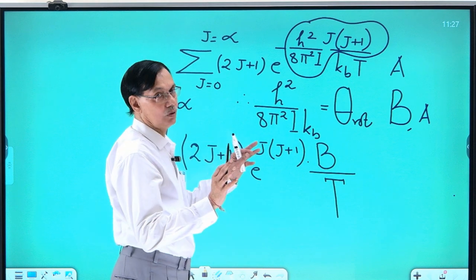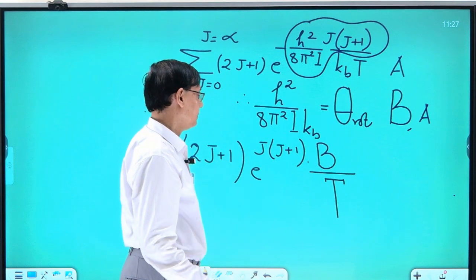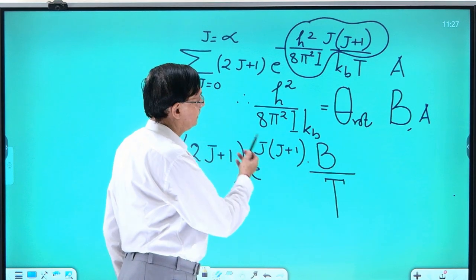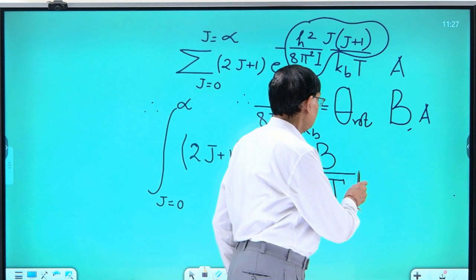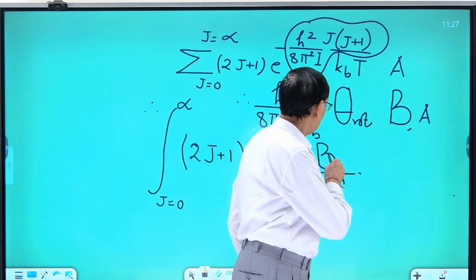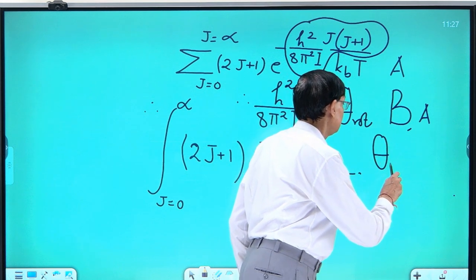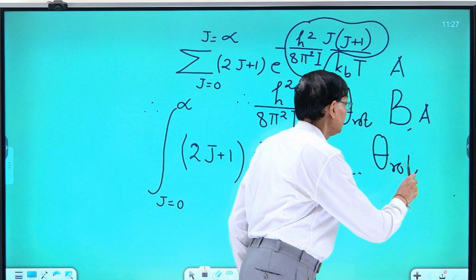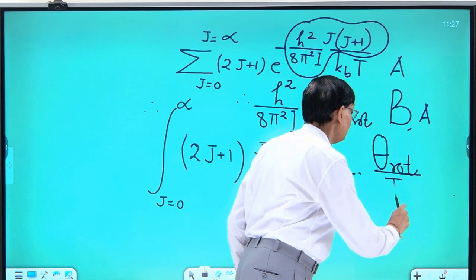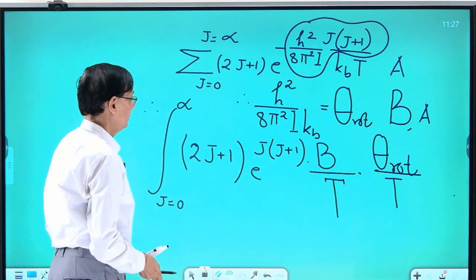You follow my point or not? It is very simple. A mathematics student can very easily understand. I have to integrate it. Now, in place of beta by t, there is no problem. You can write rotational divided by t. Absolutely no problem. But here I am taking the b.